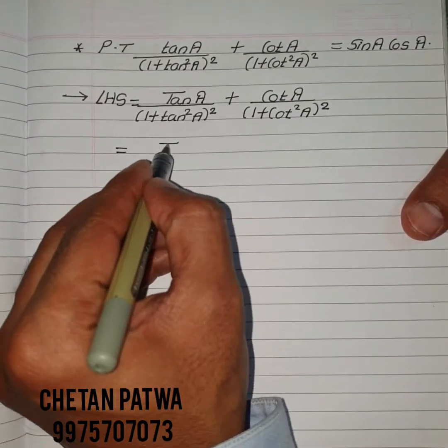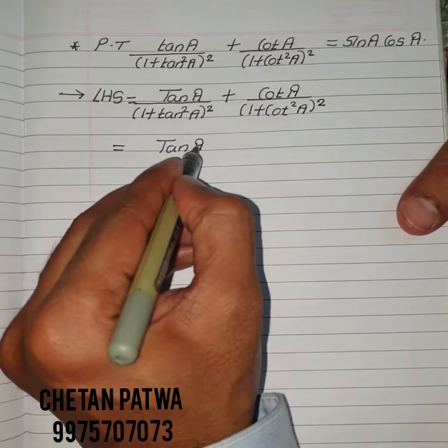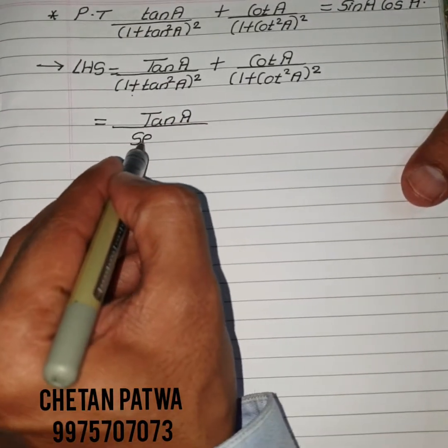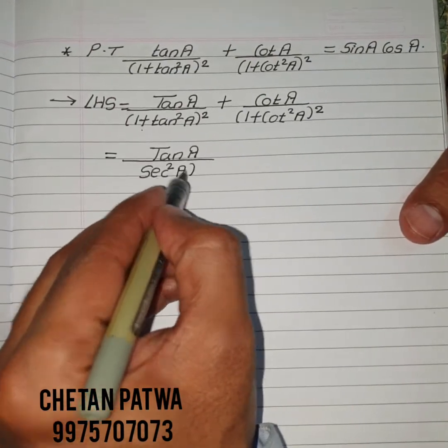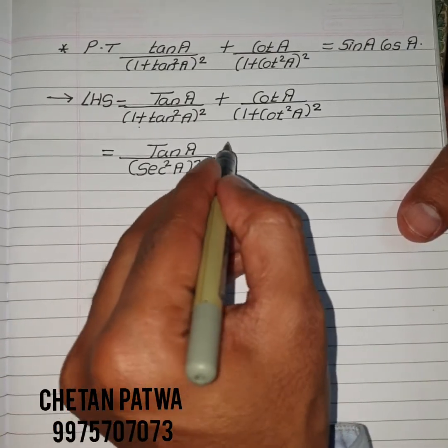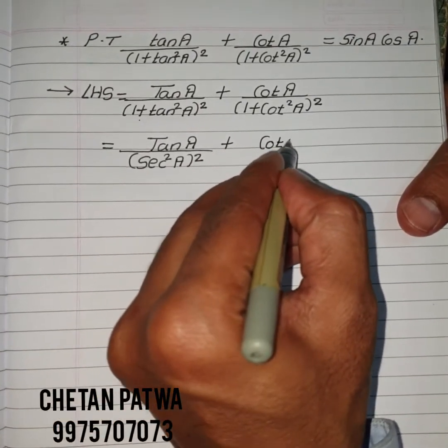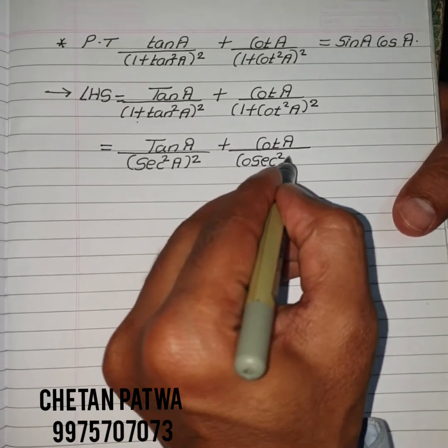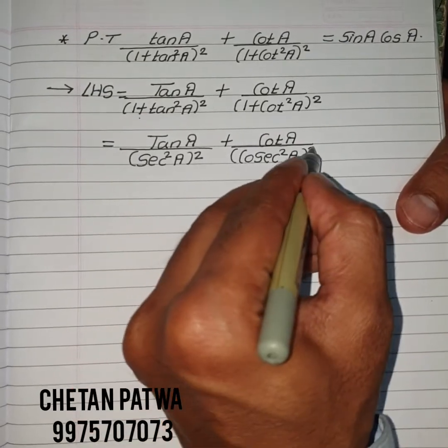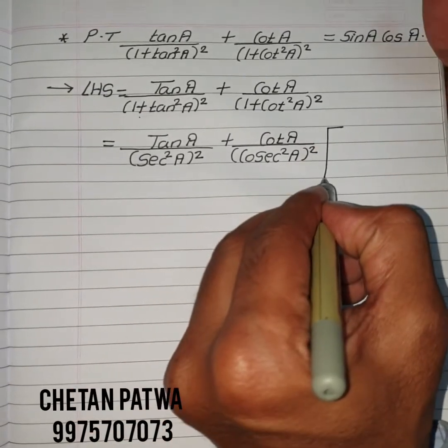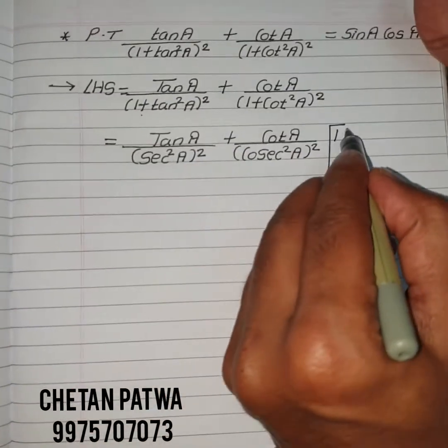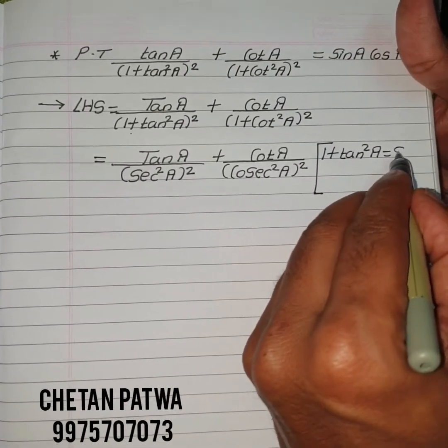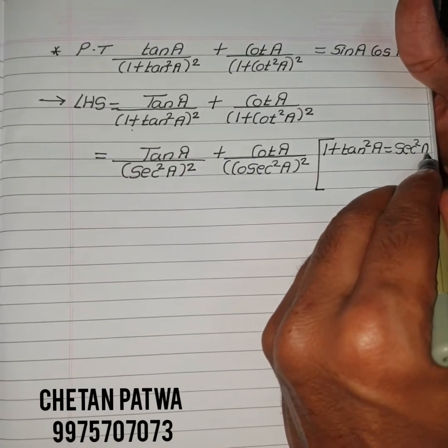That is equal to tan a. Now what we know? What is 1 plus tan square a? 1 plus tan square a is equal to sec square a bracket square plus cot a. What is 1 plus cot square a? Cosec square a bracket square. So in second step we have used two identities. Number 1, 1 plus tan square a is equal to sec square a.